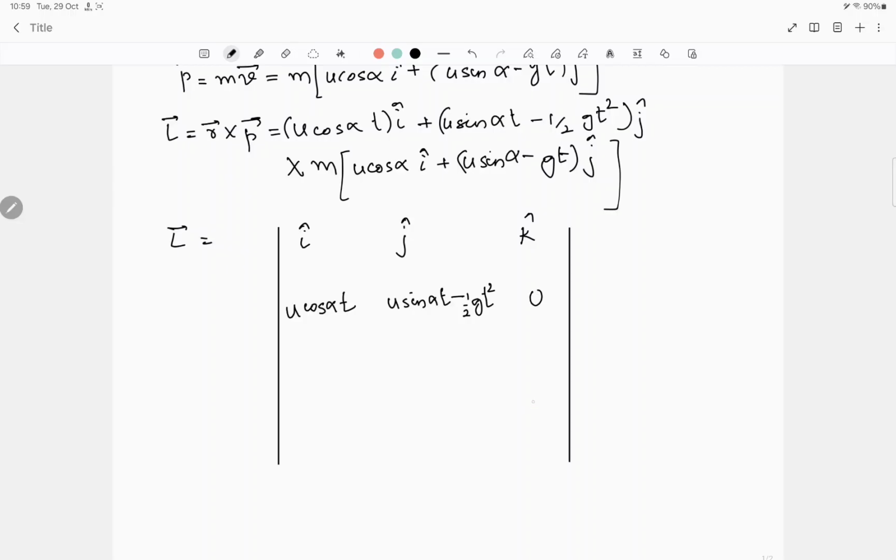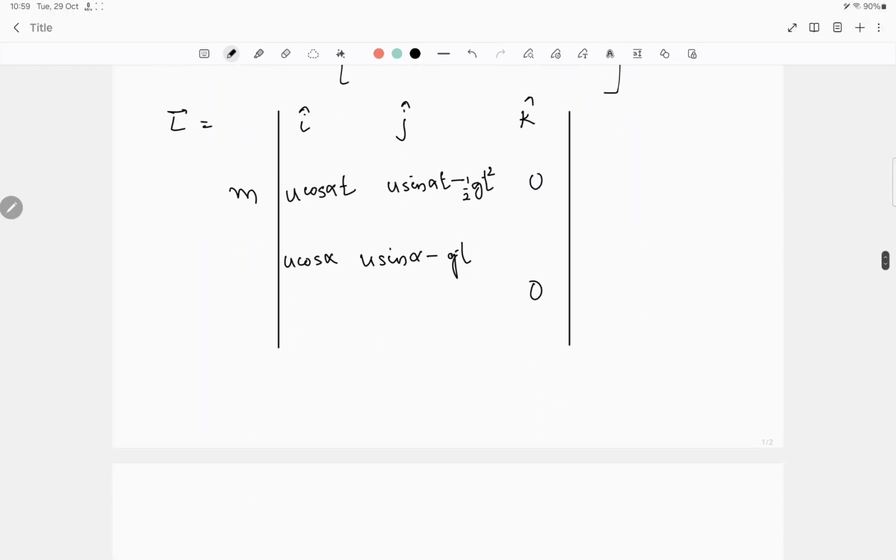Z components are both 0, and here the m gets outside. U cos alpha, u sin alpha minus g t.